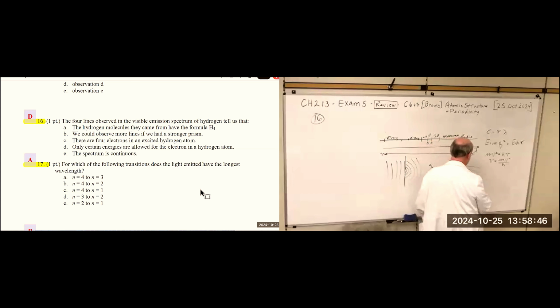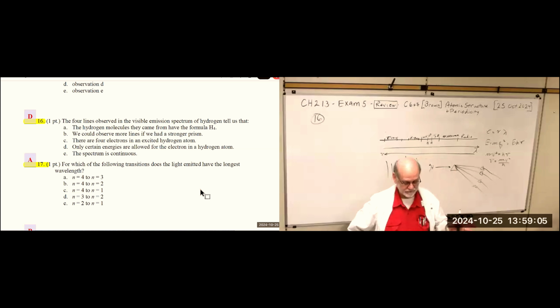And then you take another prism and put it right here, and one there, and one there, and one there. And what do you get? You get a single line. So it didn't split anymore. So that doesn't work. B is false.